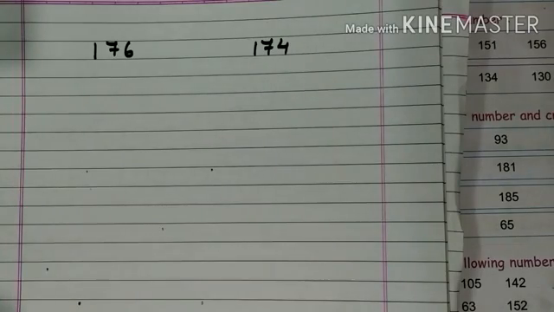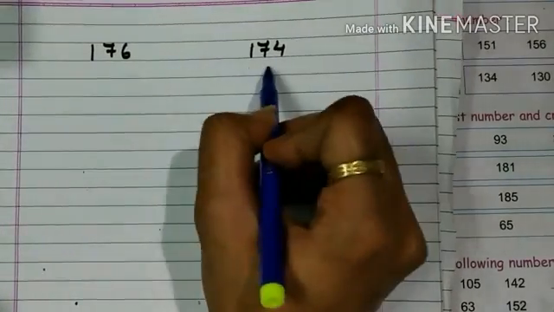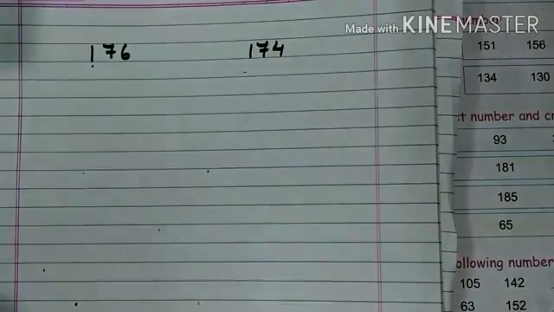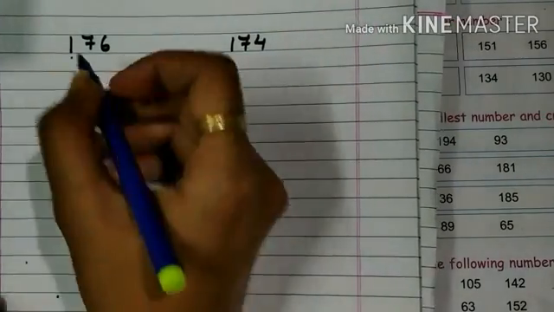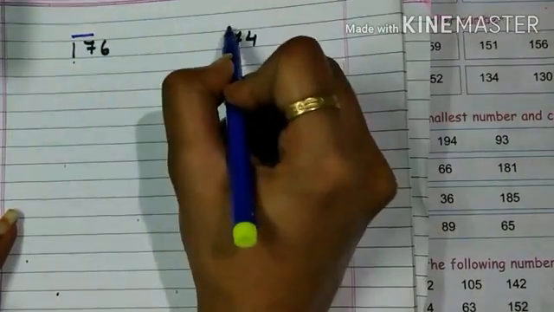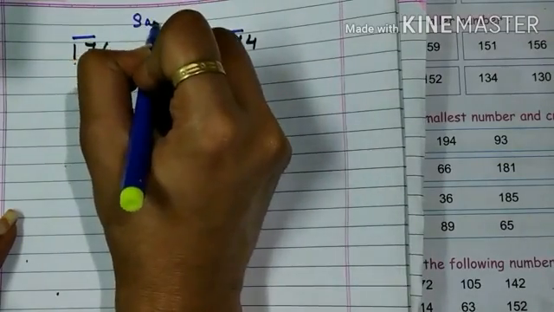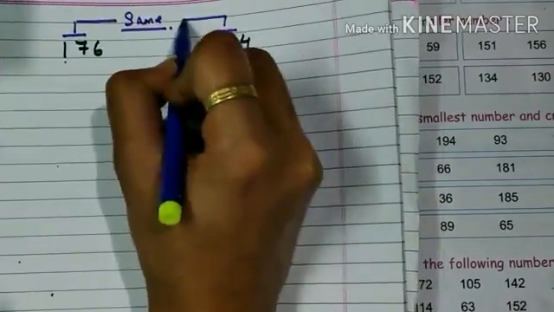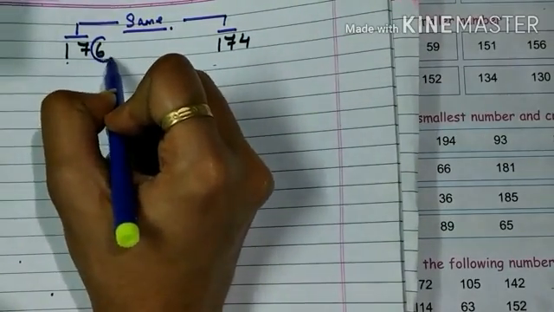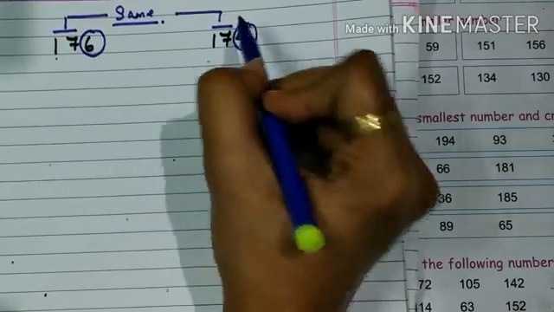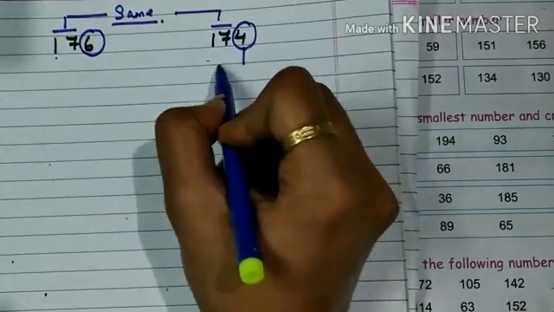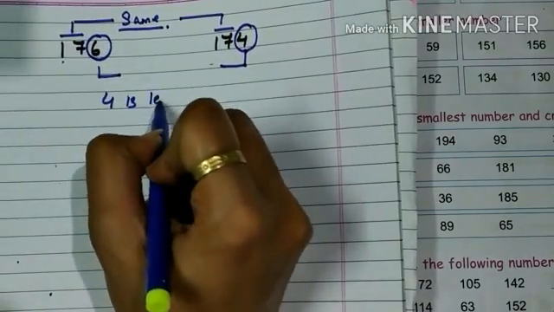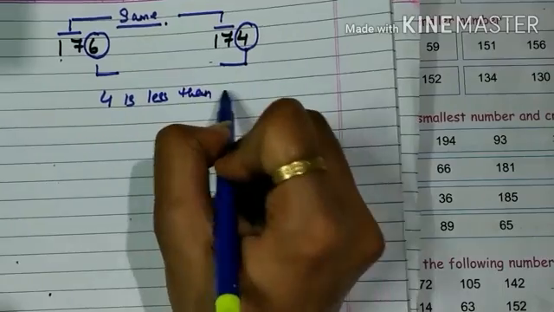Here, these two digits are same. Both the digits are same, 1 as well as 7. So we will compare with the ones digit. 4 is less than 6.